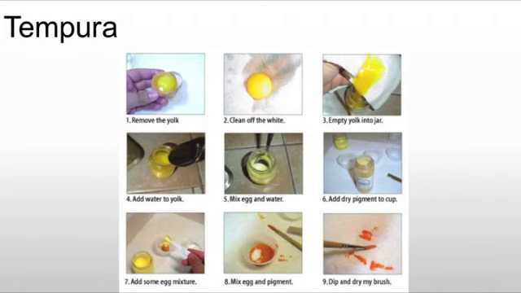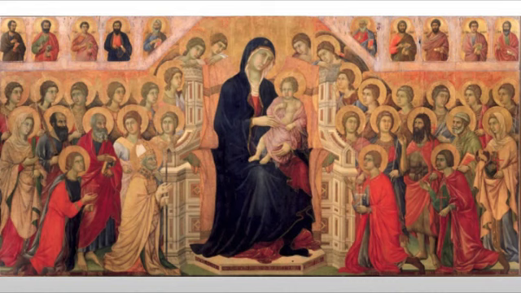Now, tempera dries very rapidly, maybe 20 minutes tops, so you don't do a lot of blending. But we see a lot of pieces during the Renaissance coming out of Italy that are going to be in tempera, including some of the more famous ones that we'll be looking at later on in the class.